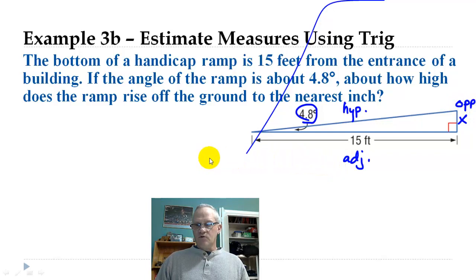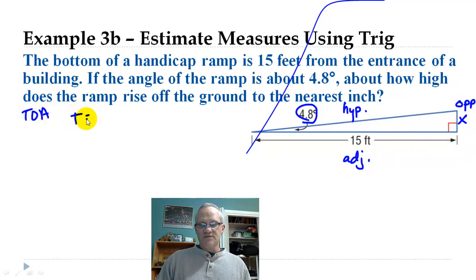We know the opposite and the adjacent, so which trig function uses opposite and adjacent? SOH CAH TOA. TOA is the O and the A, so we're going to use the TOA part.